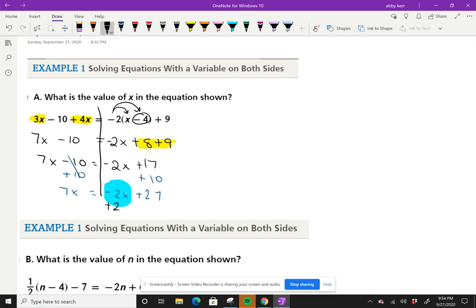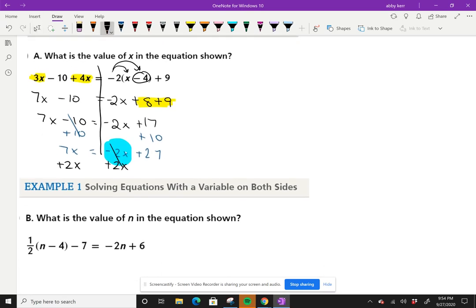So now I can travel to the left by inverse operation. I'm allowed to do that because 7x plus 2x are like terms. And then I have 9x equals 27. Divide by 9.